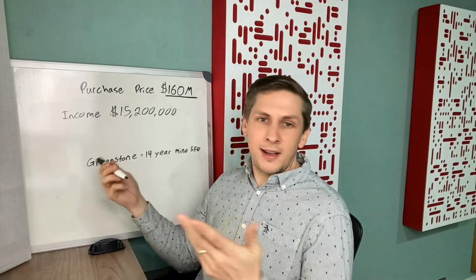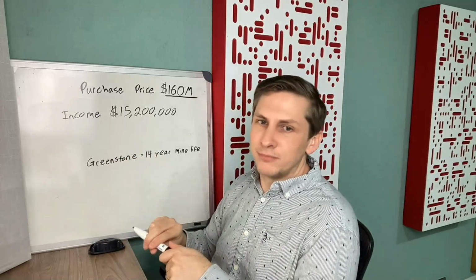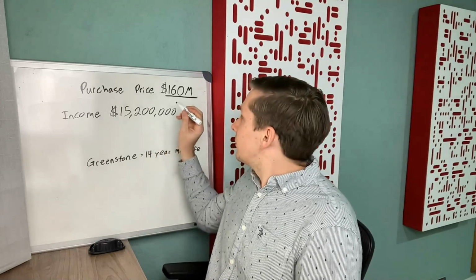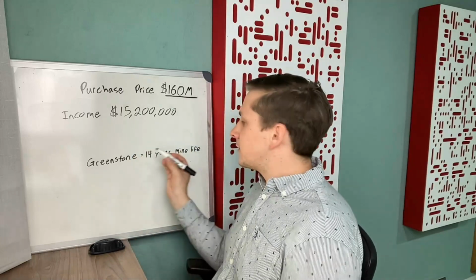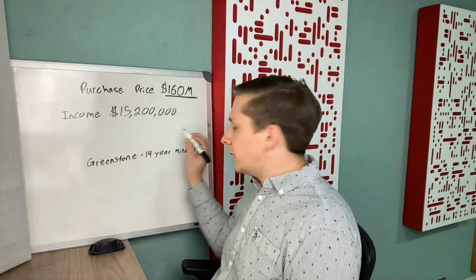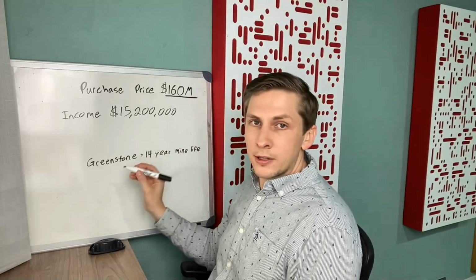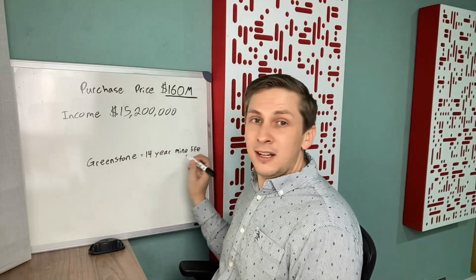So you might think, okay, Sandstorm got $15,200,000, subtract a little bit of their overhead, and that's their net income, right? No, not even close. They have to depreciate this amount that they paid for the royalty. So how they typically depreciate it is they depreciate almost all of it over the initial mine life. So Greenstone, to start, has a 14-year mine life.